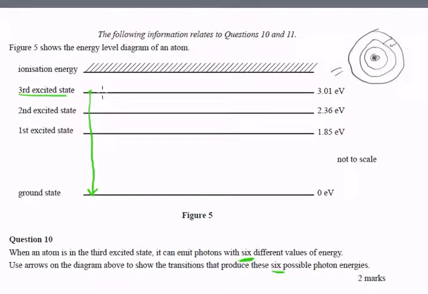What's another way it can jump to emit photons at different wavelengths? Well, it could jump to here. It could then jump to here, and then it could then jump down. So now I've got 1, 2, 3, 4. It could also jump to here, and then jump all the way down.